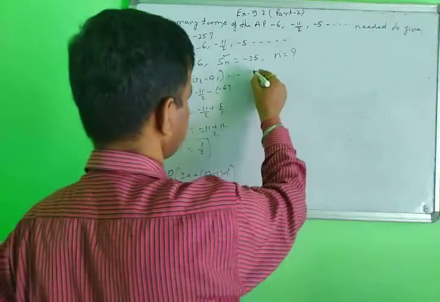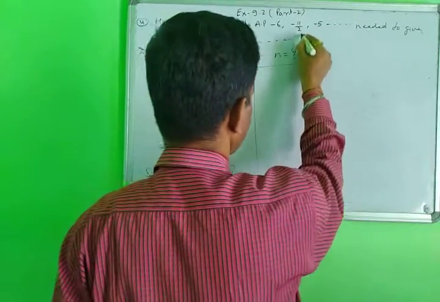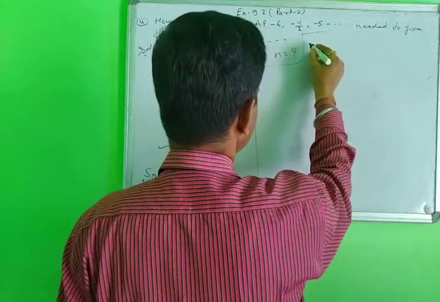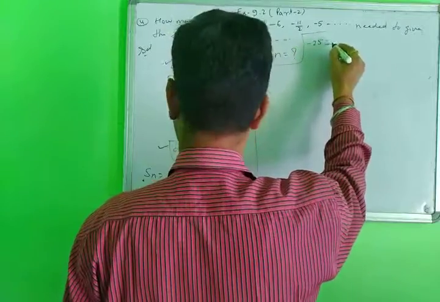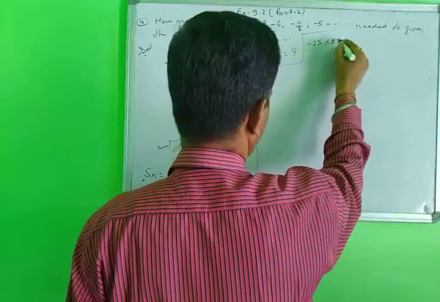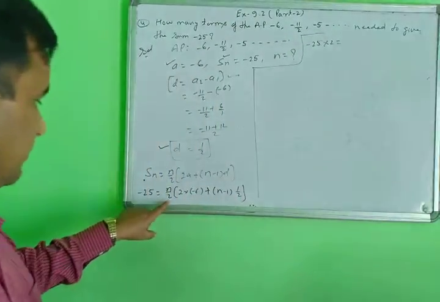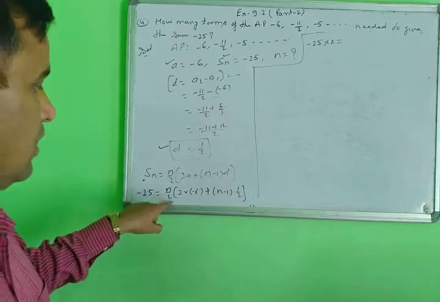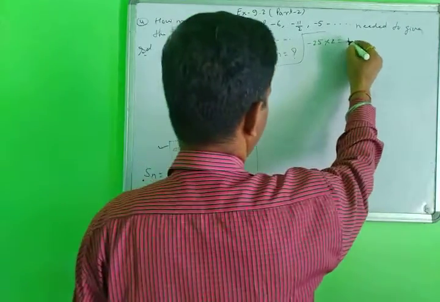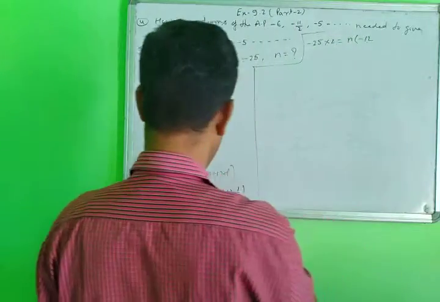Then minus 25 into 2, cross multiply, 25 into 2. What is left here? And minus 12.